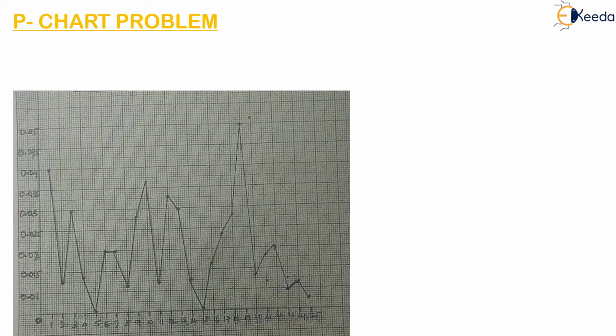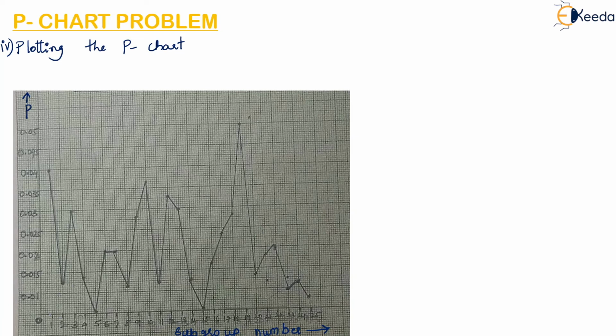The next step is plotting of the chart. So here we are taking the P values on the y-axis and the number which is inspected, that is the subgroup number, on the x-axis. Now, as we have already obtained the p-values for each and every sample, we will plot it on the graph.